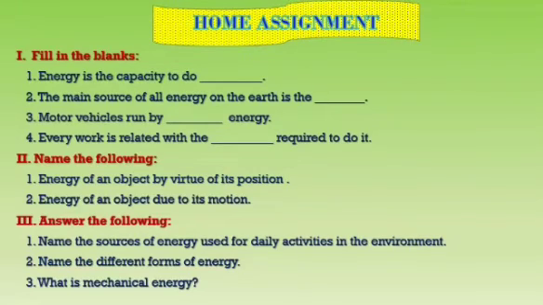Name the sources of energy used for daily activities in the environment. Question 2. Name the different forms of energy. Third one. What is mechanical energy? Answer all these questions in your notebook. We will discuss the answers in the next class.